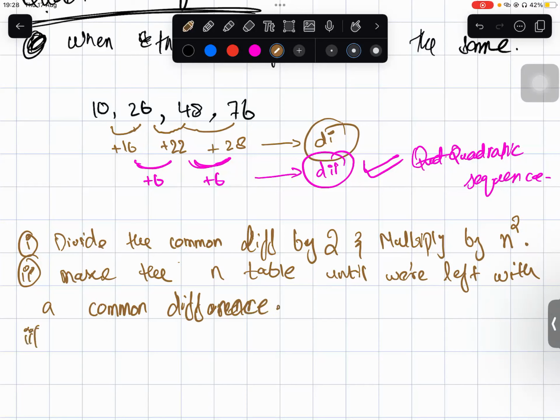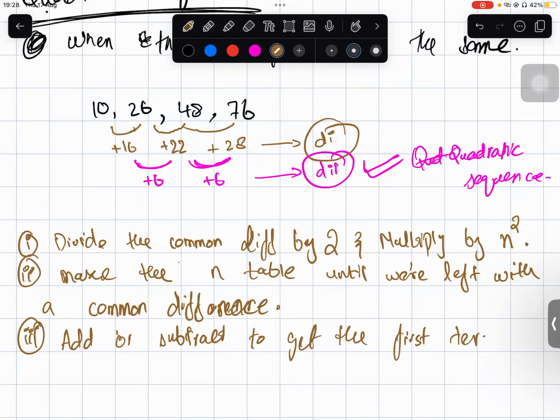And the third would be simply add or subtract to get this first term. Okay.